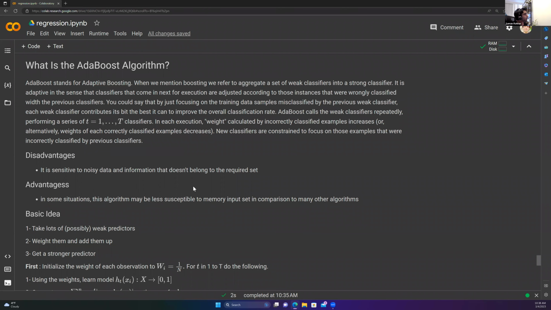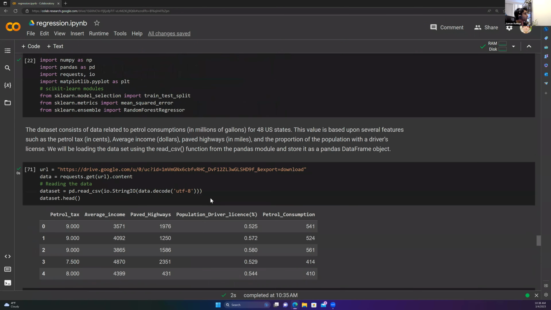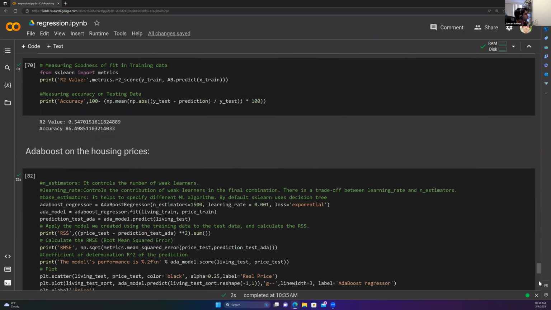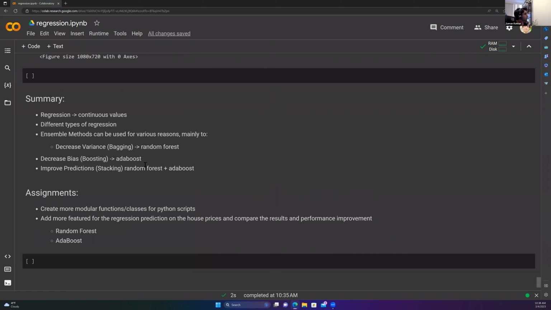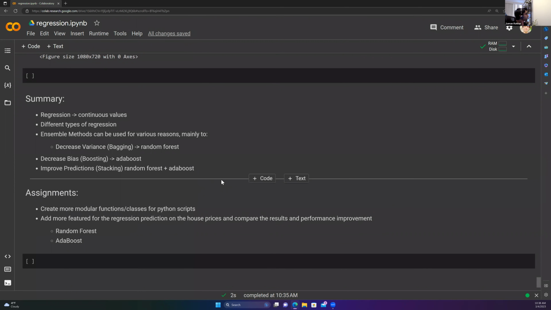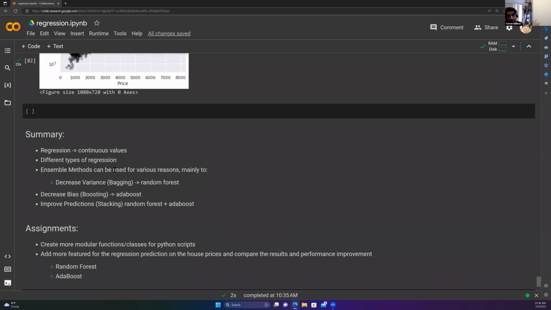So AdaBoost is categorized as a boosting mechanism, although random forest is categorized as, again, I want you to also get familiar with the terms. I put that here. Random forest is what we call bagging.